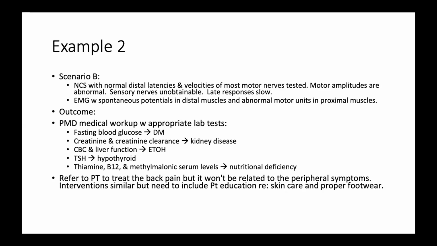So the more appropriate test to do at this time would be those laboratory studies to try to find out the cause of the polyneuropathy versus to look for any structural damage in the spine.